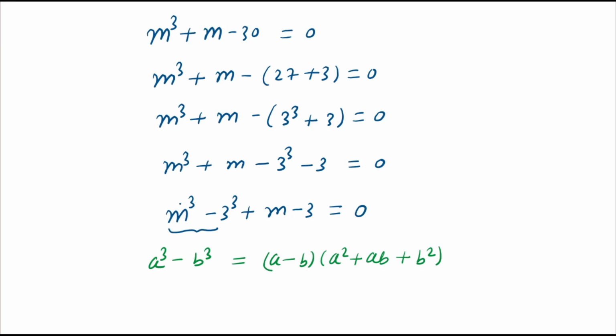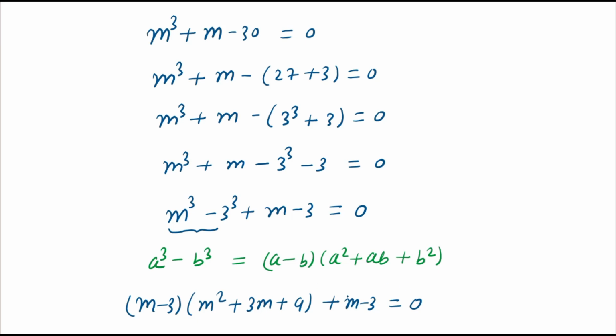If we apply this rule here, then (m - 3)(m^2 + 3m + 9) + (m - 3) = 0.